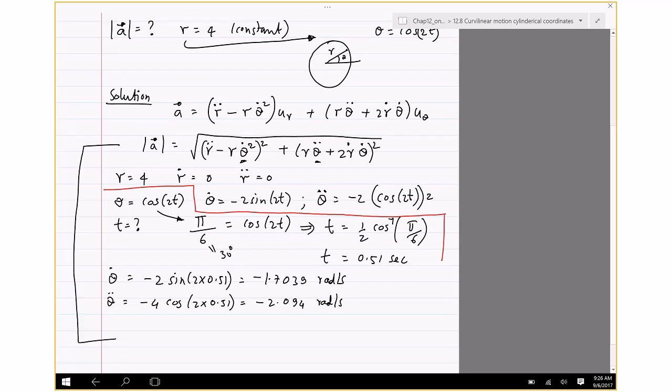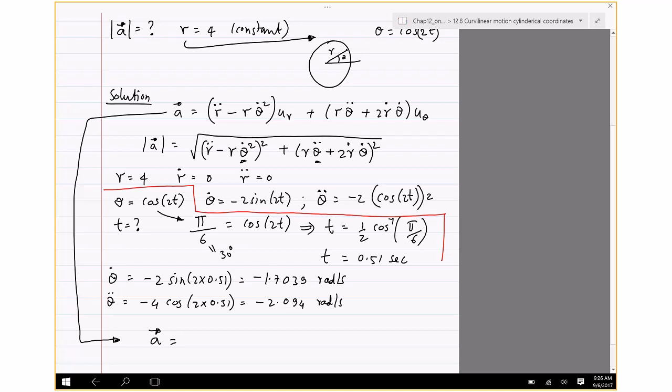And so showing it in the formula, I can now find A. I first found what the vector A is.